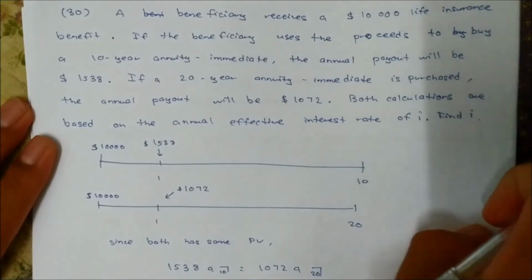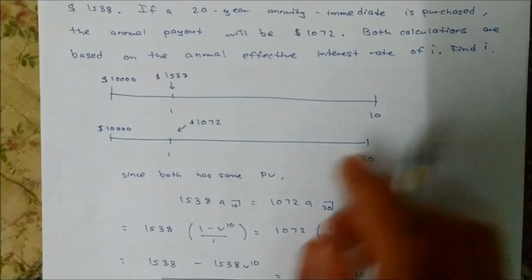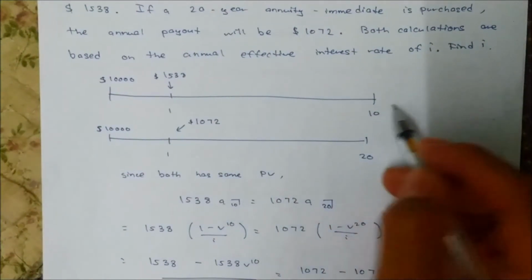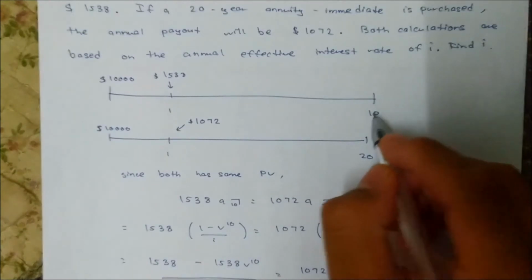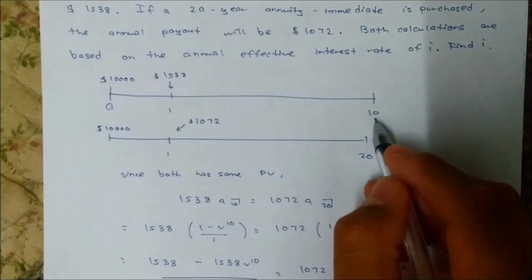Find I. So here is our timeline diagram, which represents the first annuity method, from 0 to year 10 here.